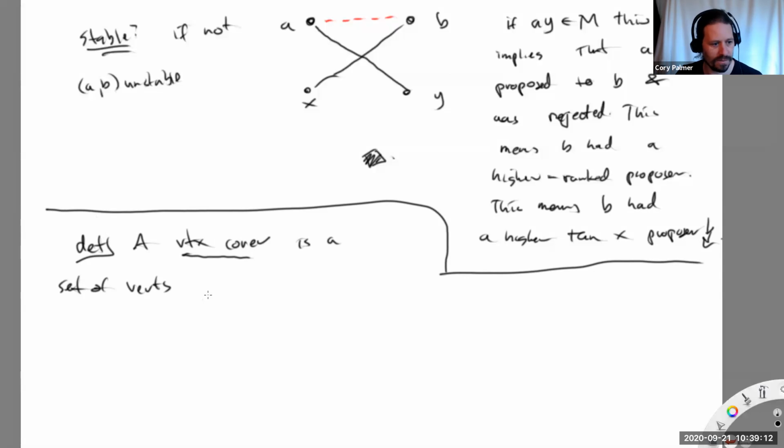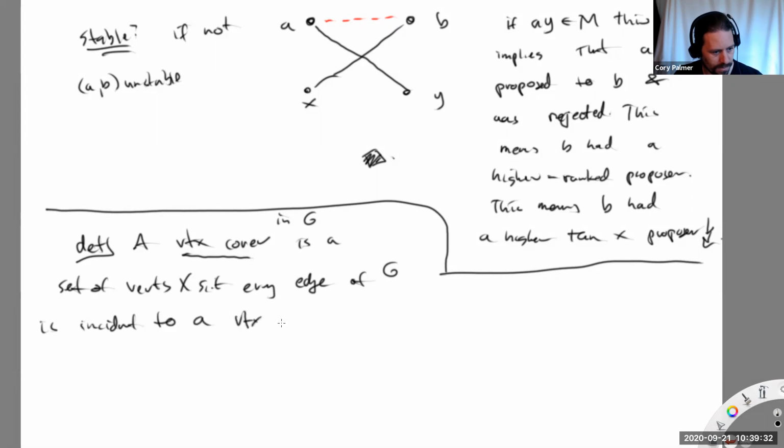So if I give you a graph, a vertex cover in G is a set of vertices X such that every edge of G is incident to a vertex of X. So you've got this big complicated graph with a bunch of edges, and a vertex cover is just a set of vertices, like in principle all the vertices, but some subset of the vertices, such that every edge is incident to at least one in that set.